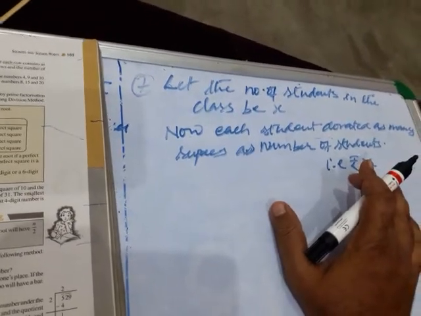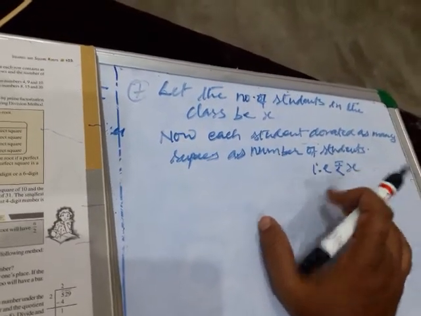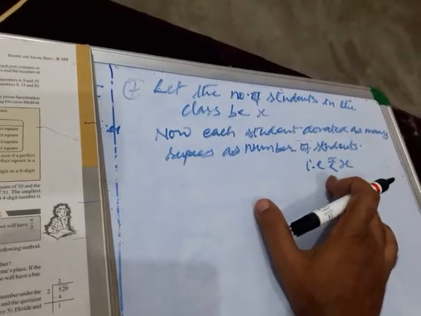The number of students is X, and every student has donated X rupees.